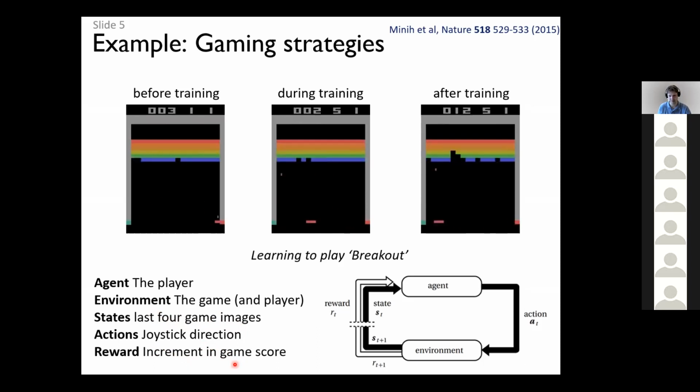And then they trained on 50 games and compared with a human player that had trained on the same game, and they were as good as or better than the human player in 75% of the games. So using the same setup, they managed to solve a general class of different game problems.